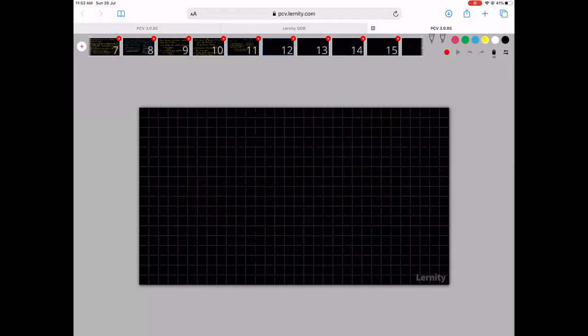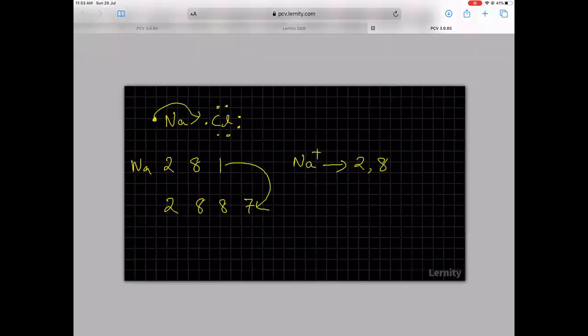But otherwise, sodium has 1 electron in the outermost shell. Chlorine has 7 electrons in the outermost shell. So sodium says, okay, I will give you 1. Chlorine needs it. So now sodium has 2, 8, 1 and chlorine has 2, 8, 7. One electron comes from sodium, so it becomes Na+, with electronic configuration 2, 8, and chlorine becomes Cl-, with 2, 8, 8.